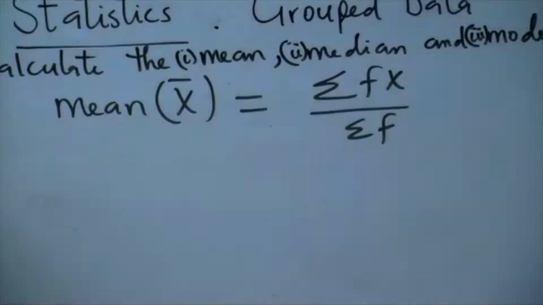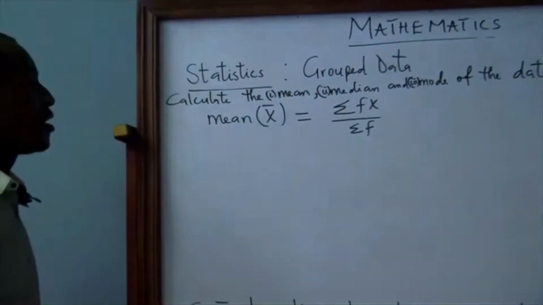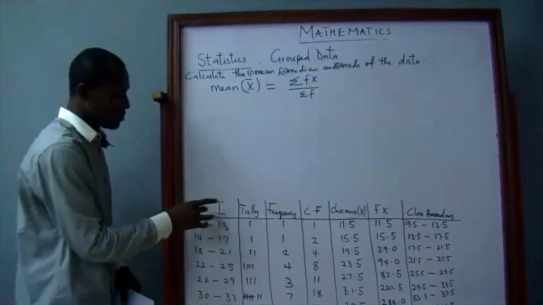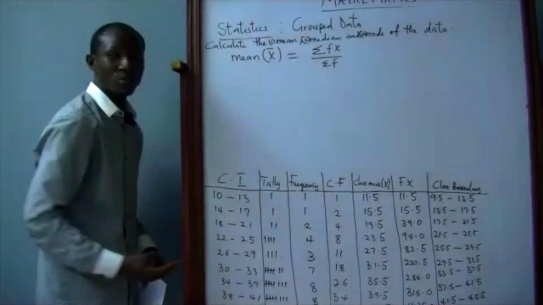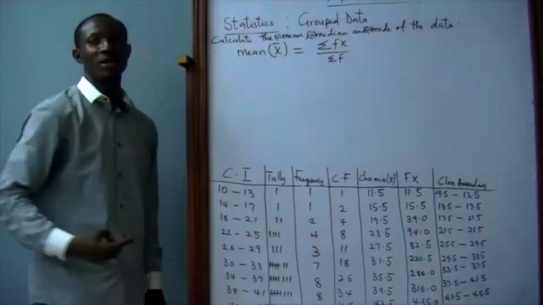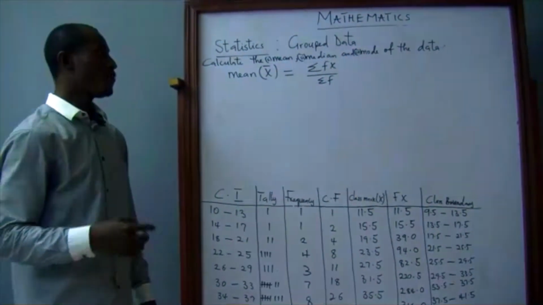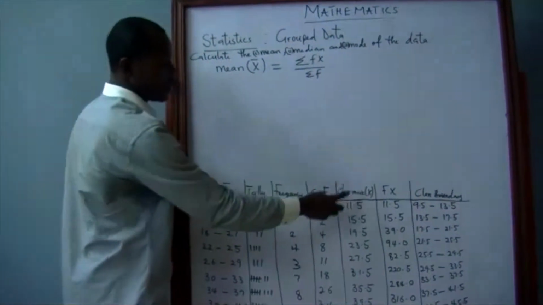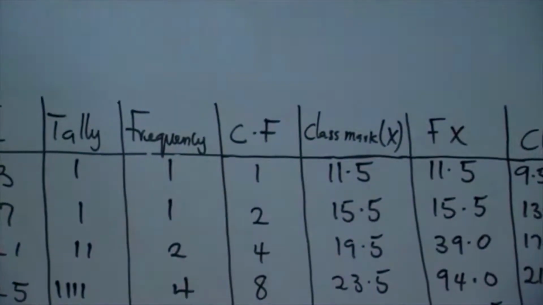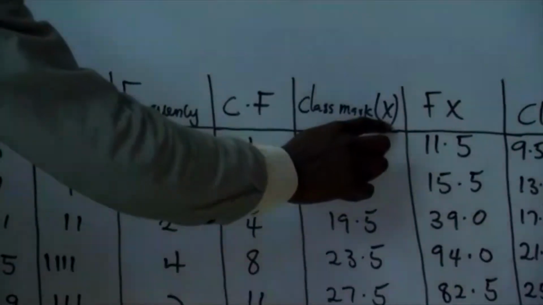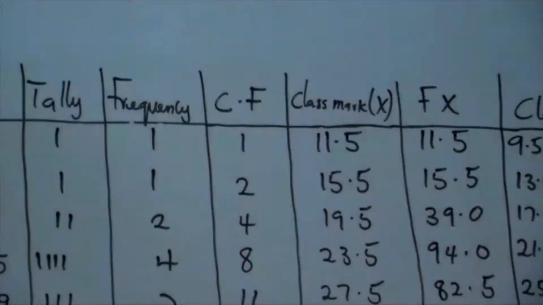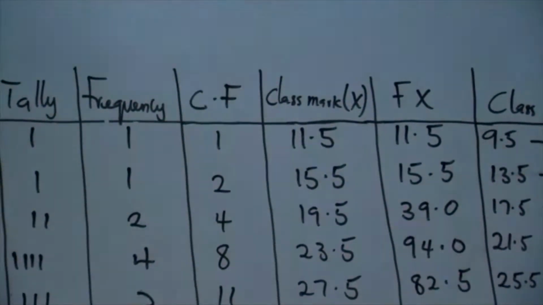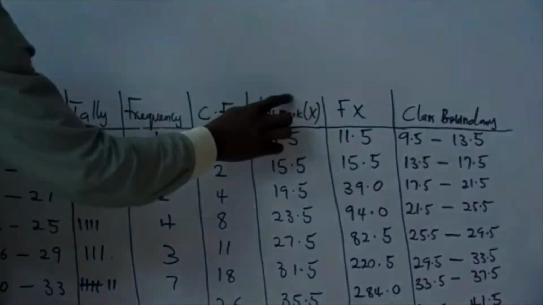So we need to think of how to obtain the mean from this data, since the class interval is not one single data that we can refer to as our x. So what do we do? We need to obtain a class mark, and that is why I created this column for class mark, and I have referred to my class mark as x. So when we have grouped data and we want to calculate the mean, we need to get the class mark.